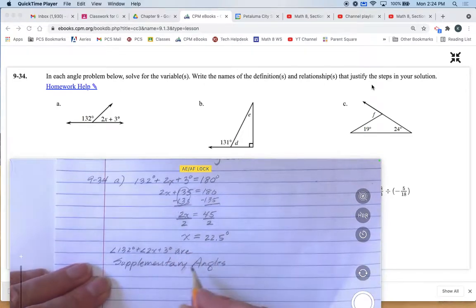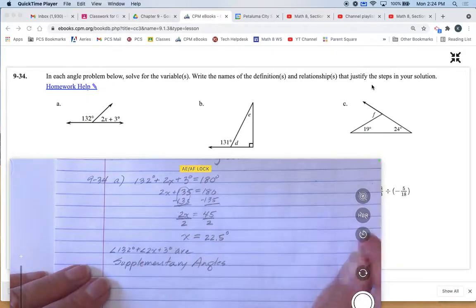Okay, so that's the definition that justified our equation.